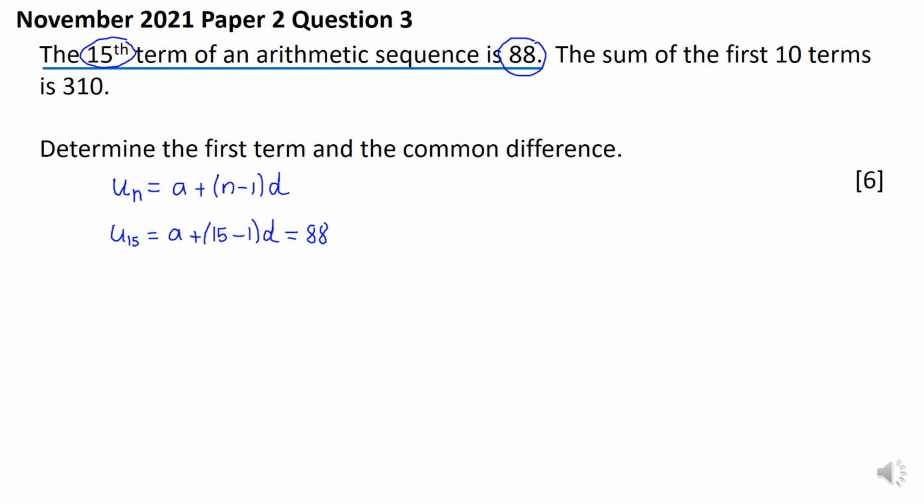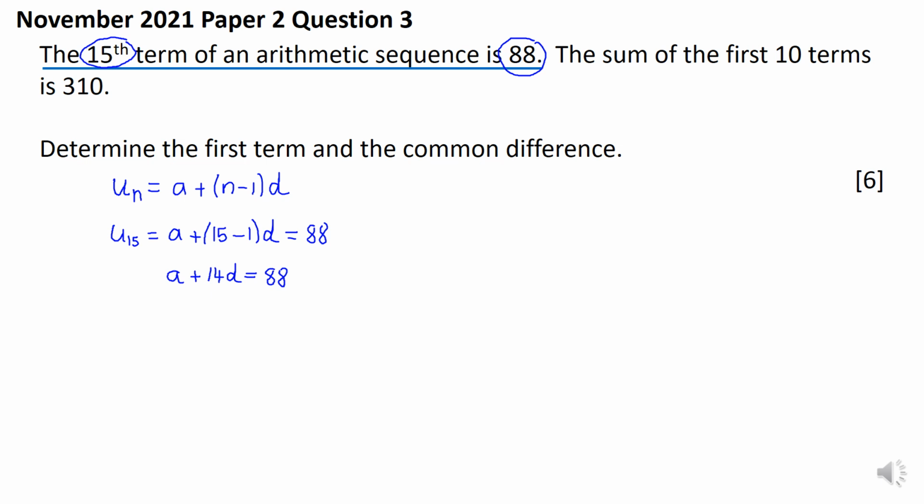We can simplify slightly, so we get a plus 15 minus 1, 14d equals 88. So we have one equation here that links a and d together.